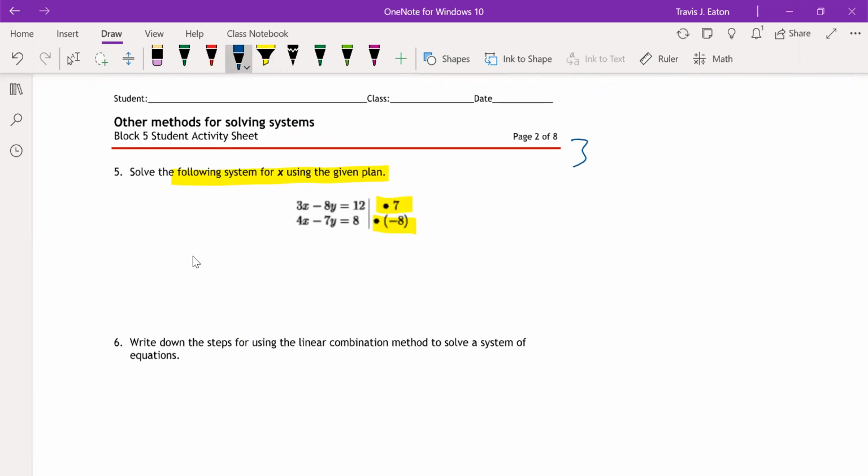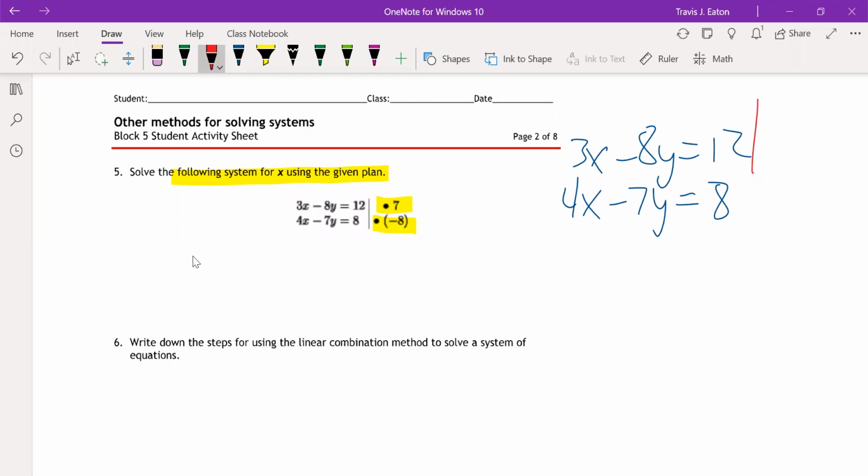So 3x minus 8y equals 12. And 4x minus 7y equals 8. And their plan is to multiply by 7 and multiply by negative 8. Okay, so let's do it. 3x times 7 is 21x.